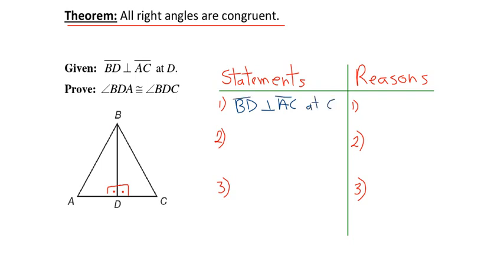BD is perpendicular to AC at D. That means D is where they intersect, and that's given. Then what happens at the point of intersection? We get right angles. That is what we get from number 1. We get that angle BDA and angle BDC are right angles. I'm going to put all that in one statement here.